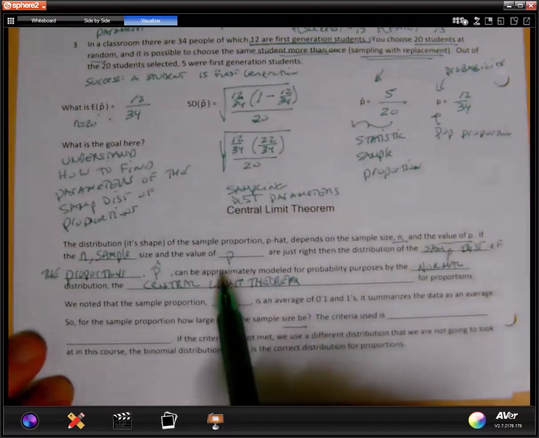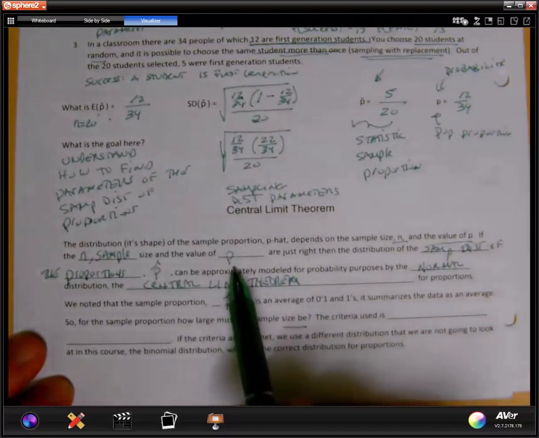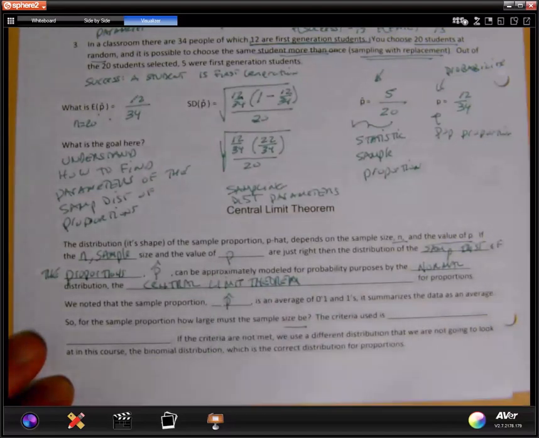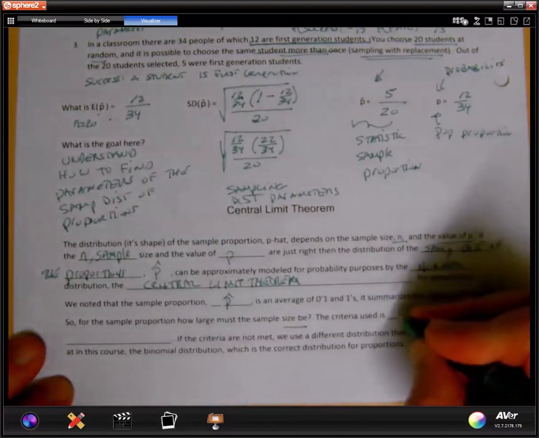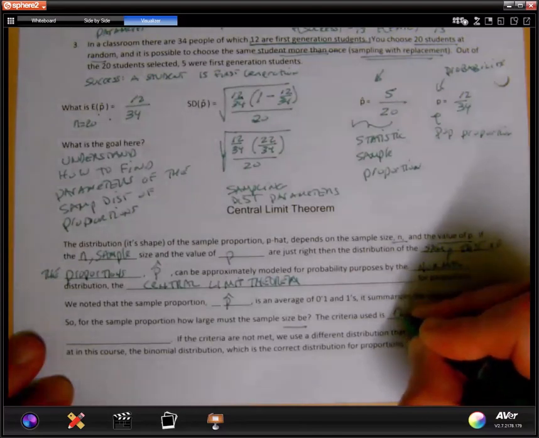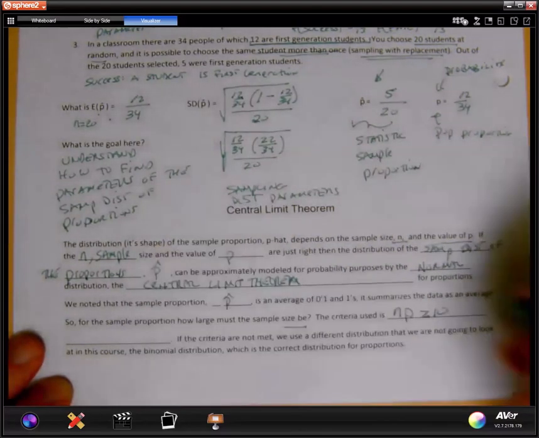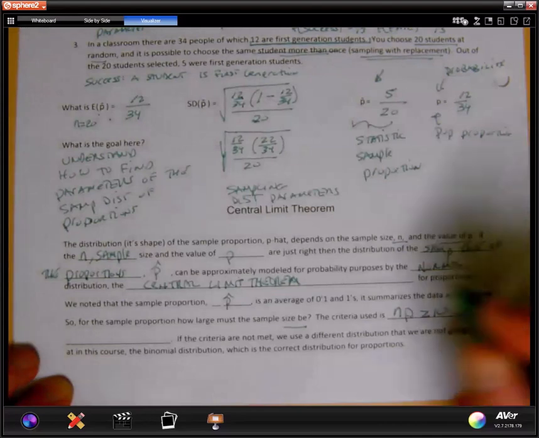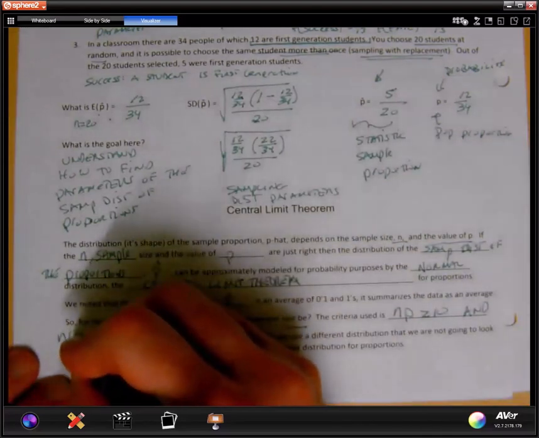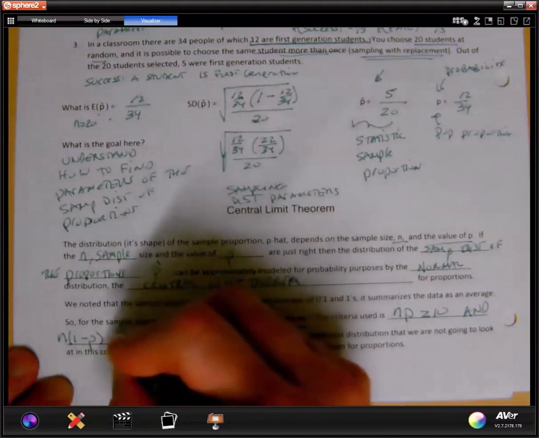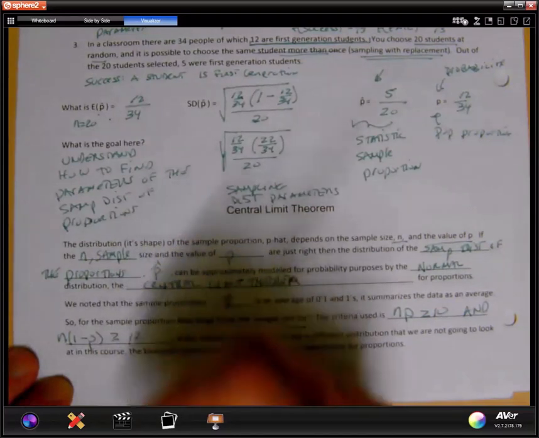The criteria used will incorporate both of these. n times p must be greater than or equal to 10, and n times 1 minus p must also be greater than or equal to 10.